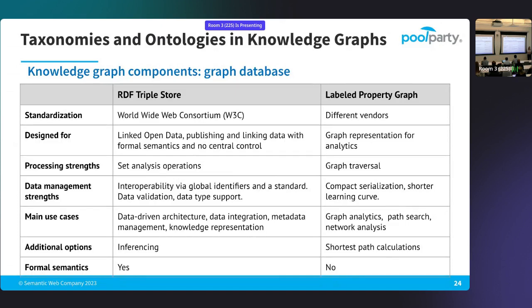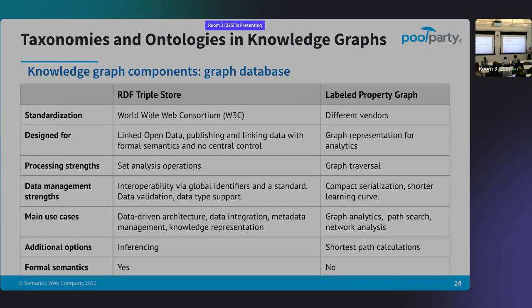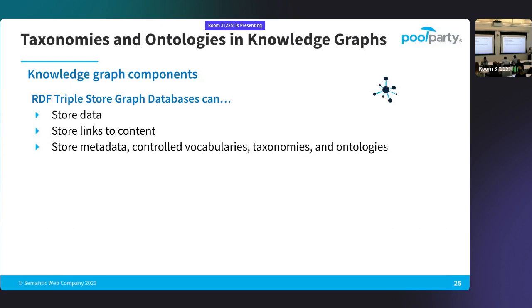So they might say that in really large implementations, a labeled property graph might be faster than an RDF triple store. But we get these other benefits of the inferencing and the linking and more of a data-driven and metadata management. And when we're talking about taxonomies and ontologies, they fit in better with the RDF triple store because the taxonomies and ontologies are also built on RDF, which is what my next slide is for.